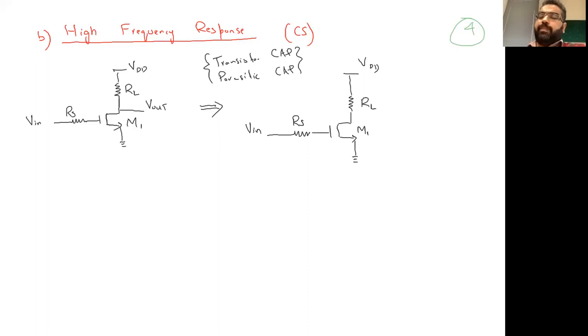Capacitances कौन सी होंगी? One capacitance will be between gate and drain. So C, G, and D. One capacitance will be gate and source. C, G, S. One capacitance will be between drain and bulk.